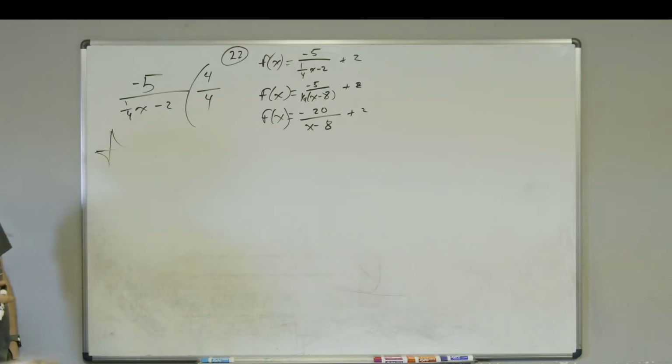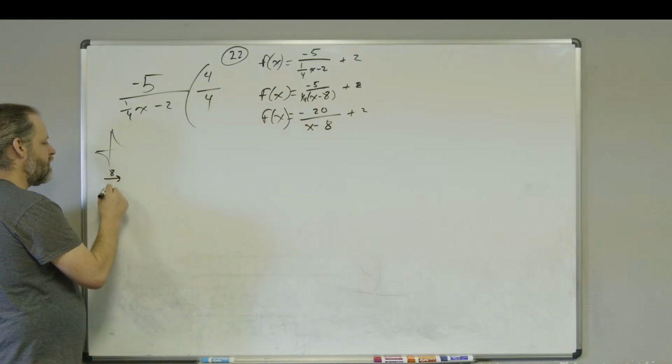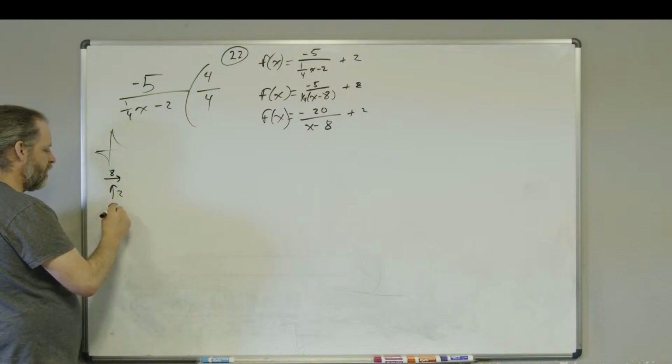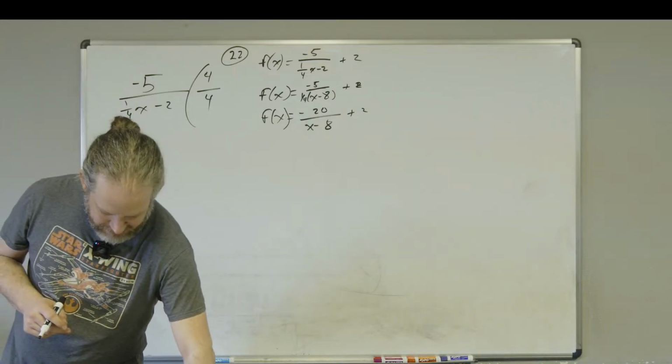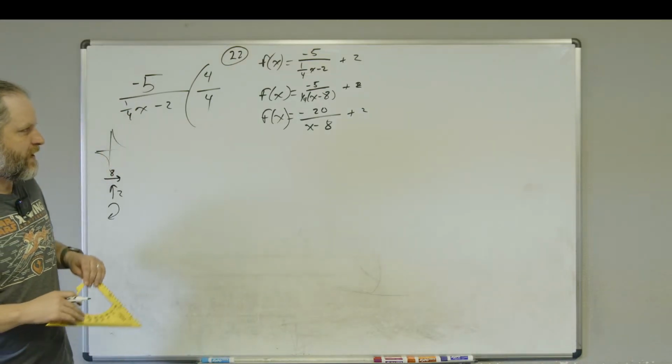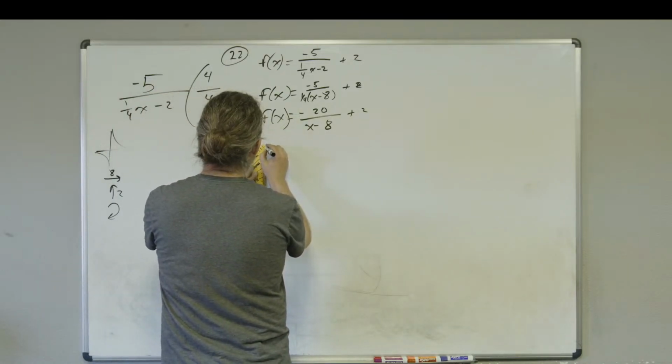So how is it in fact transformed? Right 8, up 2, reflected, stretched by 20. Which is a big number, which means I probably don't want to count by ones. Probably either like 2.